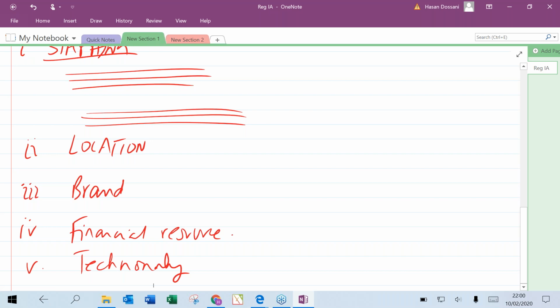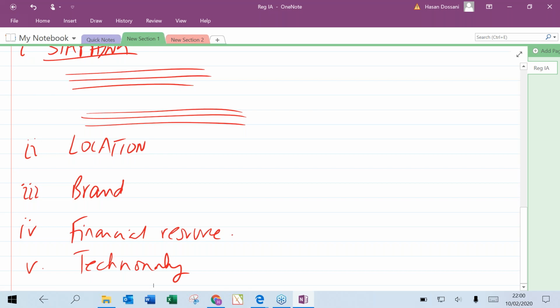One, Porter Diamond only talks about external factors, and success factors, I believe, should also include some internal factors as well. And the second reason why I did not use Porter Diamond was I don't like models.